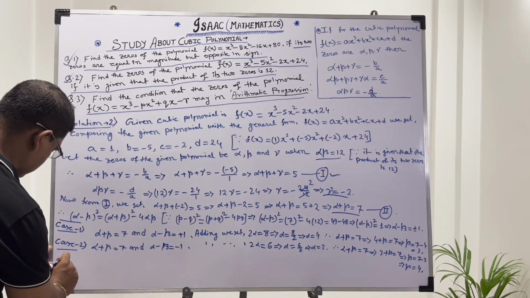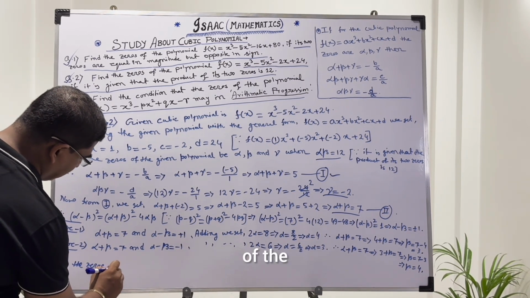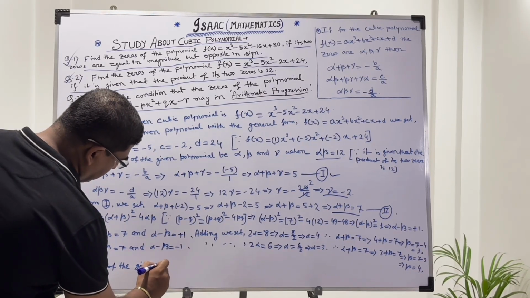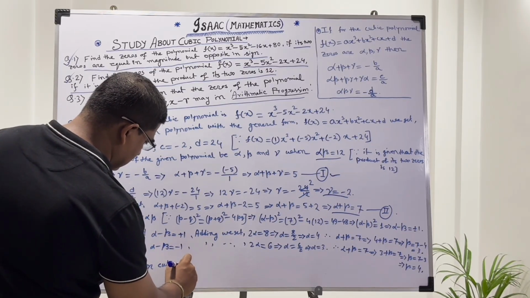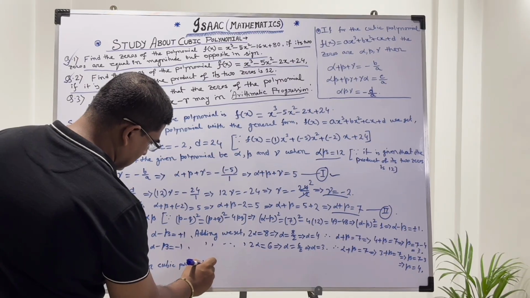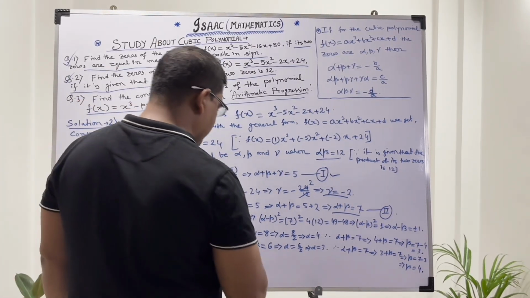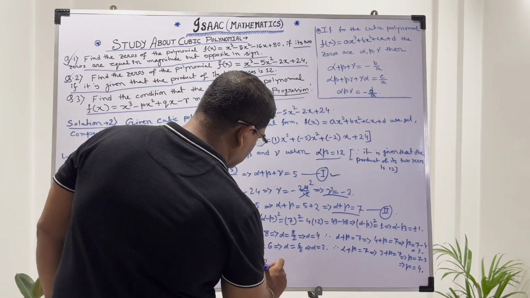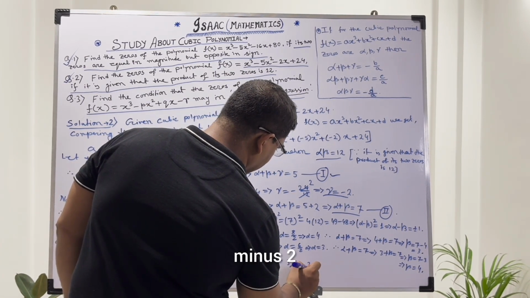So the zeros of the given cubic polynomial are 4, 3, minus 2, or 3, 4, minus 2.